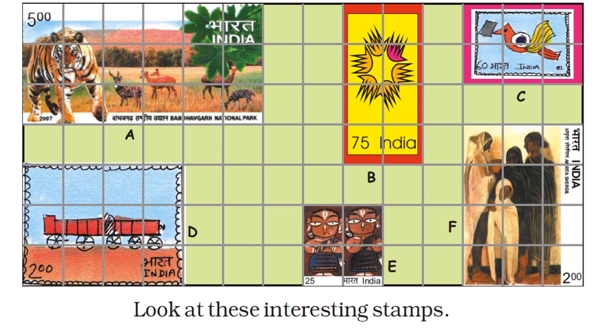We need some formula to find the answer for bigger shapes. So let us see. Now look at these interesting stamps. These are some stamps or tickets, you can say.